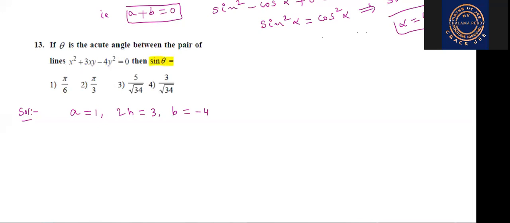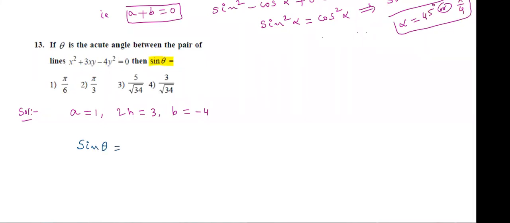What is the sine theta formula, students? Sine theta is equal to 2 into under root h square minus ab by under root a minus b whole square plus 4h square. This is the sine theta formula.